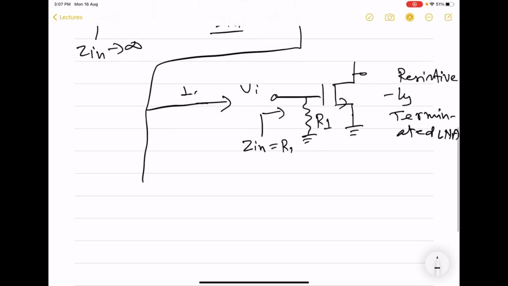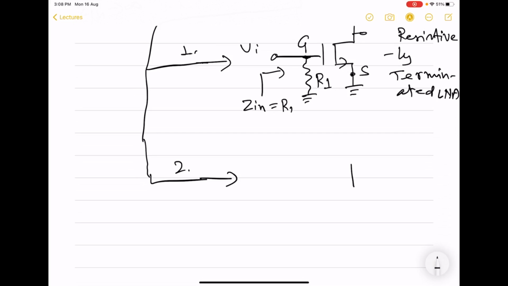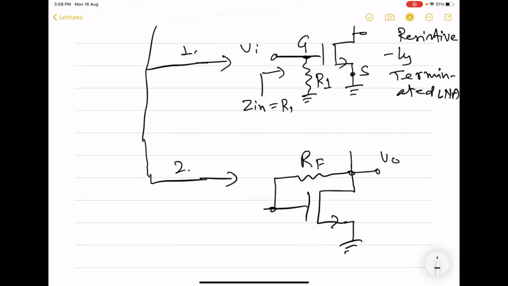The second way in which we can achieve real input impedance is again use a resistor, but not this time between gate and source. So here we have connected R1 effectively between gate and source. But this time we are going to connect a resistor between gate and drain. And this we will be designating as RF. And we will continue to take output from here.